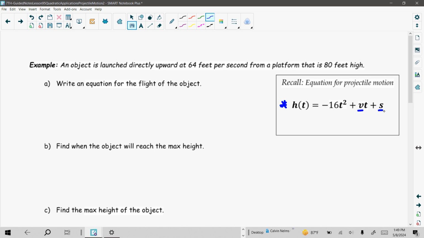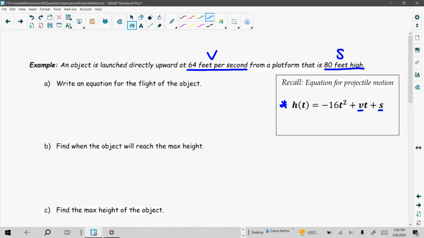Now, since the object is thrown directly upward at 64 feet per second from a platform that's 80 feet high, hopefully you recognize that the 64 feet per second is our v, which is our velocity, and 80 feet high is our s, our starting height.